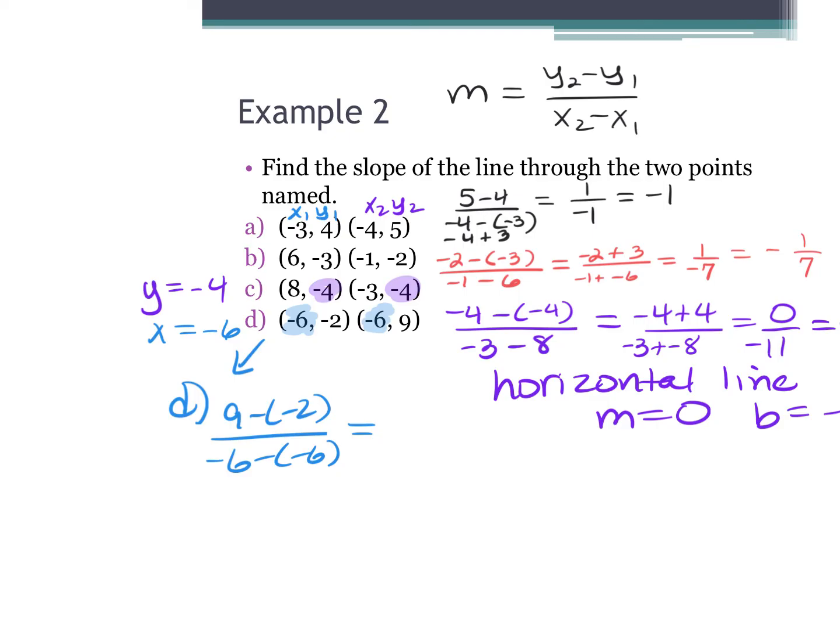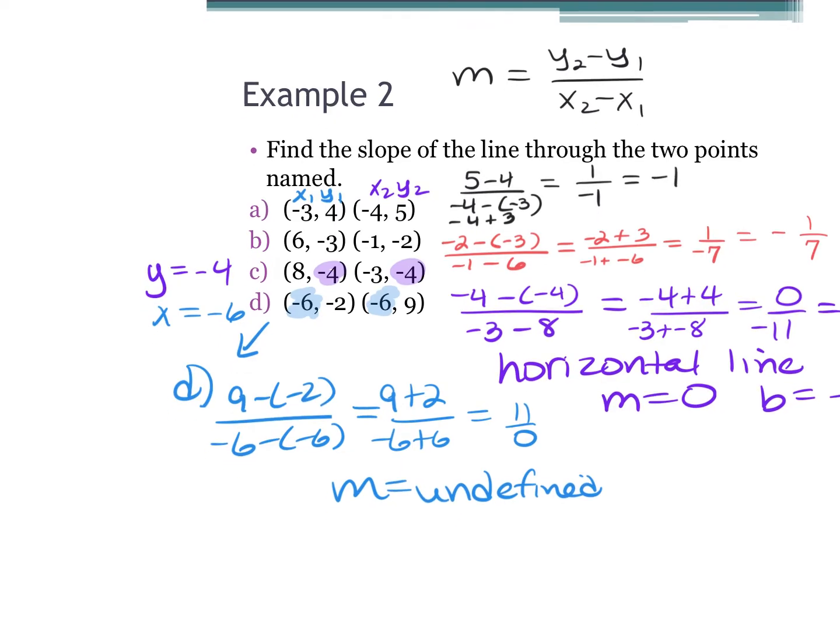This graph is going to be a vertical line. So if I do the subtraction in the numerator and in the denominator, I get 11 over 0. You need to recognize that when the 0 is in the denominator, the slope is undefined. So the m here is undefined.